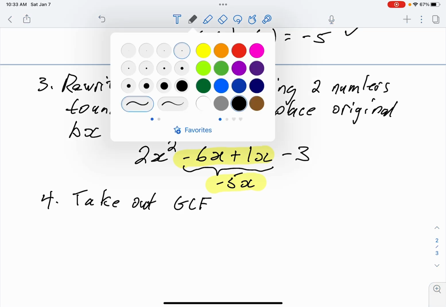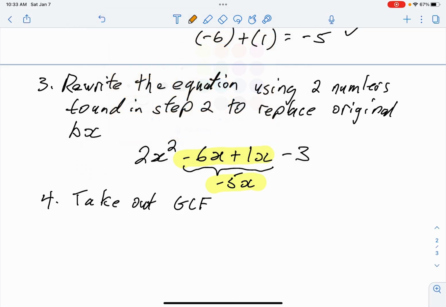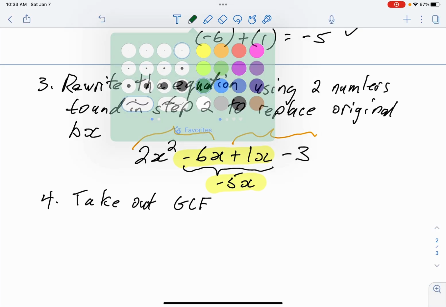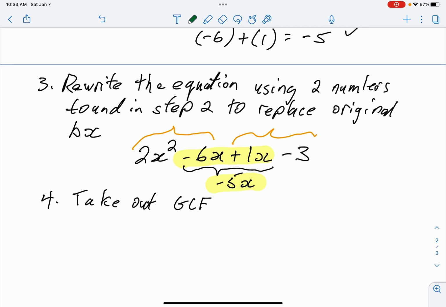So when I do that, I'm going to take this together, and I'm going to take this together when I take the greatest common factor. If I look at 2x squared and minus 6x, I can take out 2x out of those first two terms. So I have 2x, which leaves me with x minus 3, plus, now this is a little weird here.